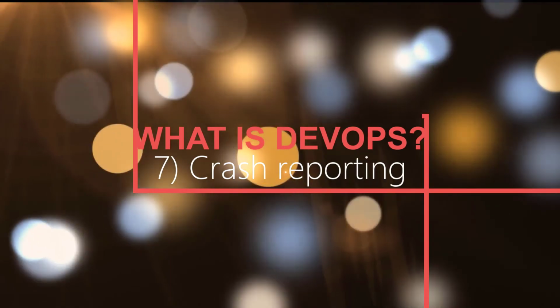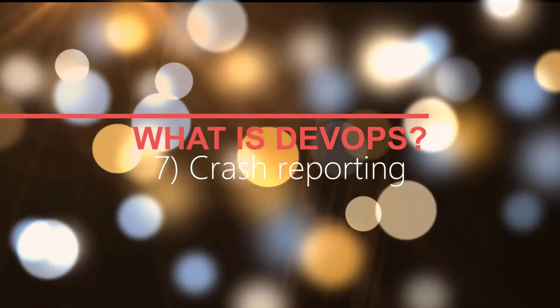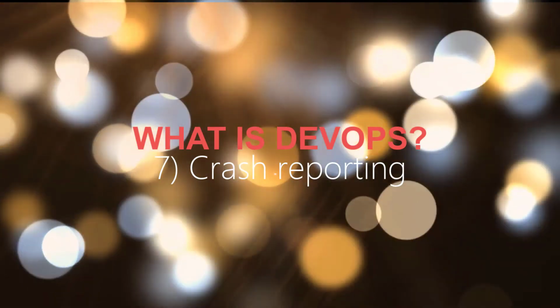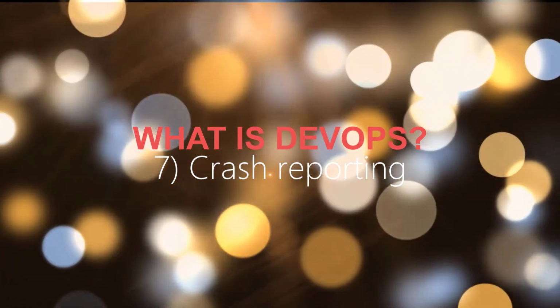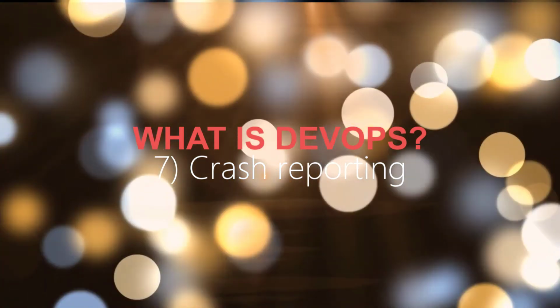So the seventh point is crash reporting to improve observability. With a great crash reporting tool, you can spend all your time coding and actually fix the bugs, rather than going through millions of lines of logs to try to figure out what happened.